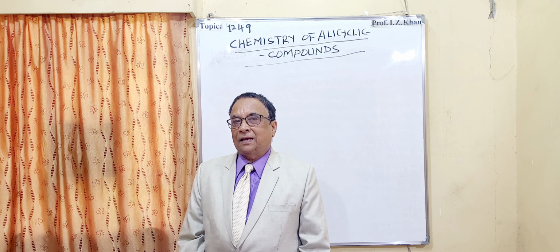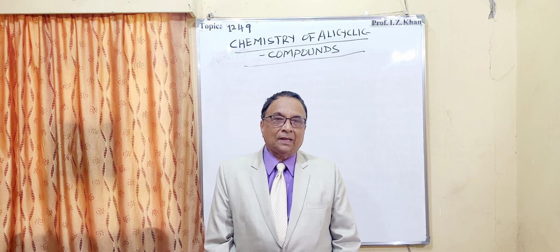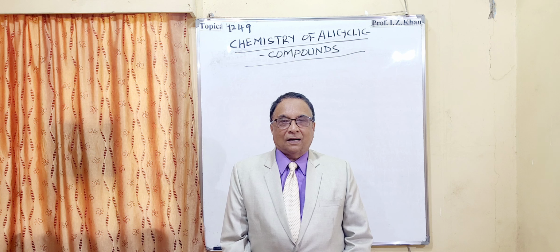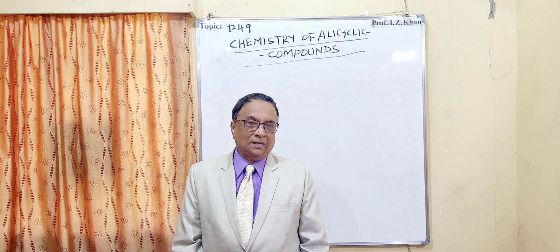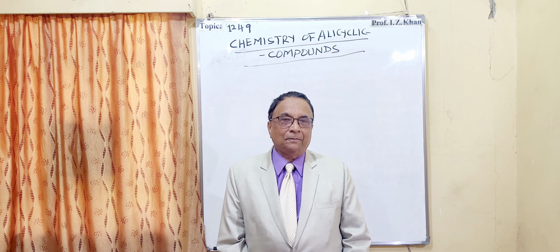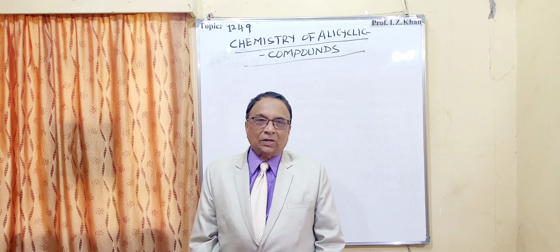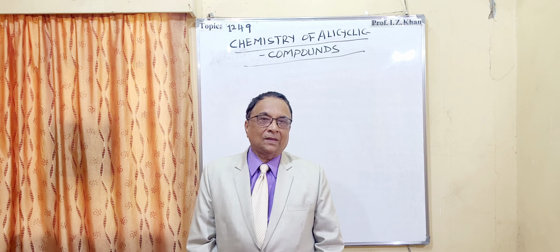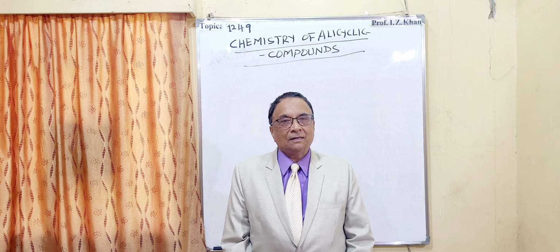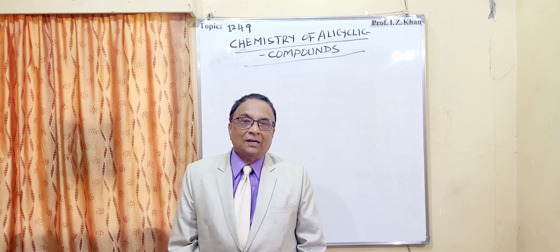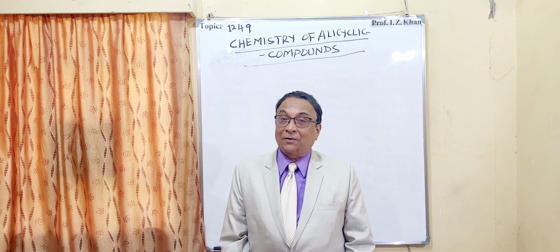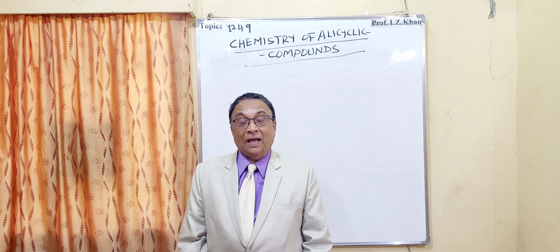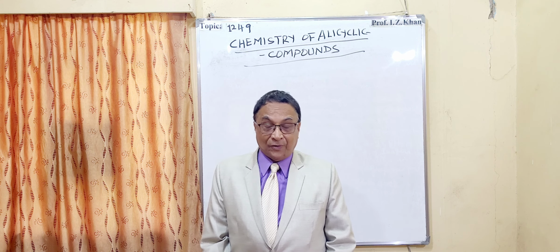So in organic chemistry, if we are going to know about the reactions of carbon, mainly there are two types of carbon. One is called aromatic carbon and the other one is called aliphatic carbon. So the chemistry of aliphatic carbon and the aromatic carbon, they are quite different.